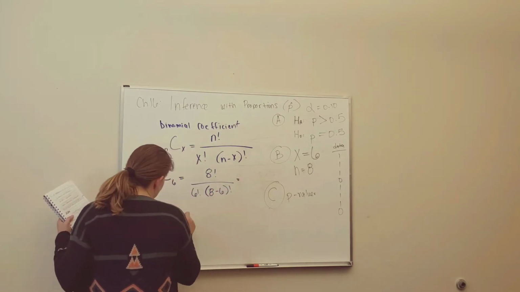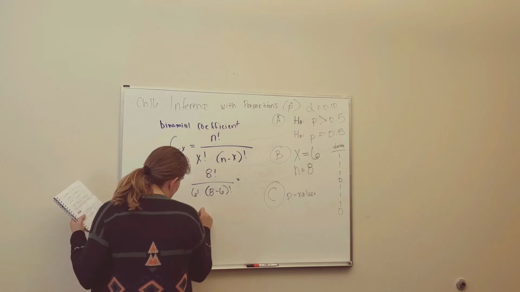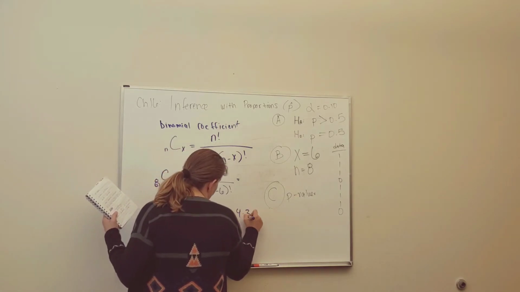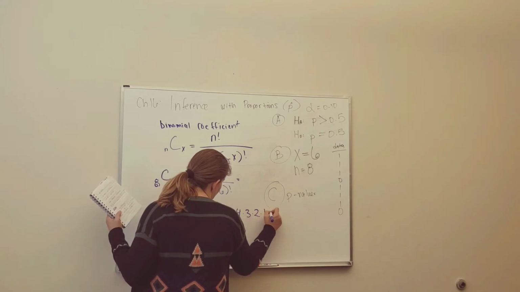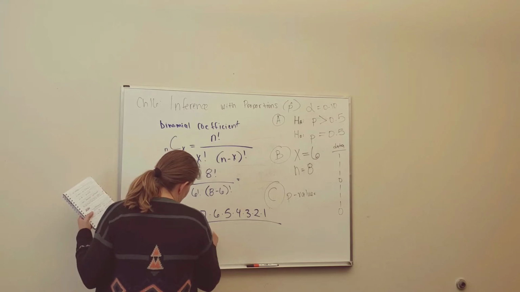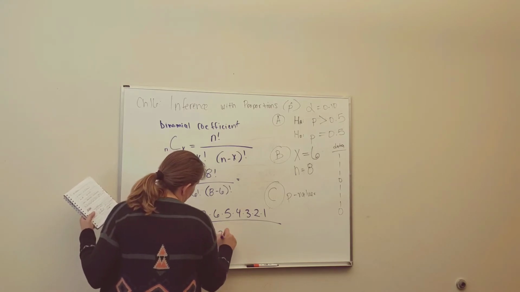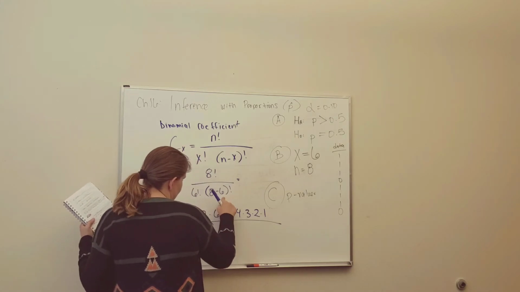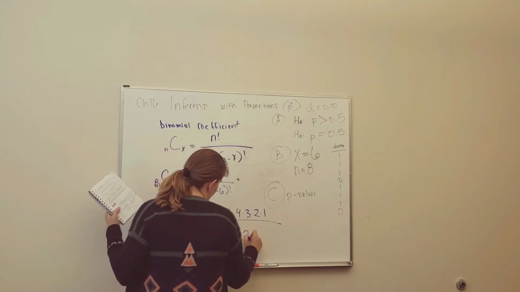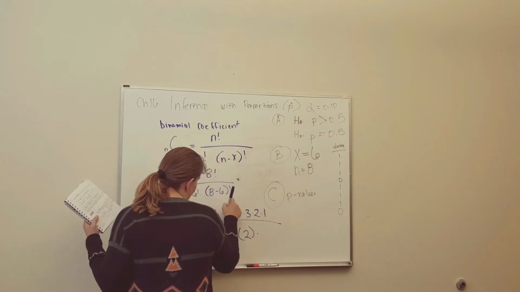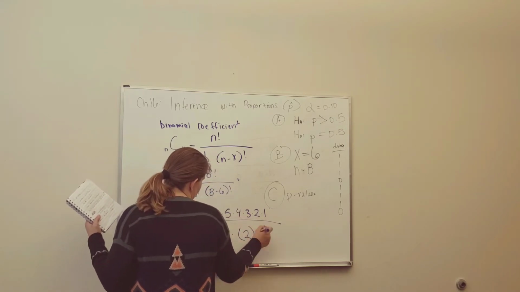What this would look like is our numerator would be 8 times 7 times 6 times 5 times 4 times 3 times 2 times 1, divided by 6 times 5 times 4 times 3 times 2 times 1 times 8 minus 6, which is 2, and we have to do the factorial of that, so 2 times 1.